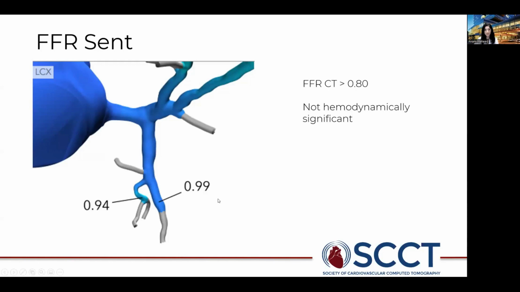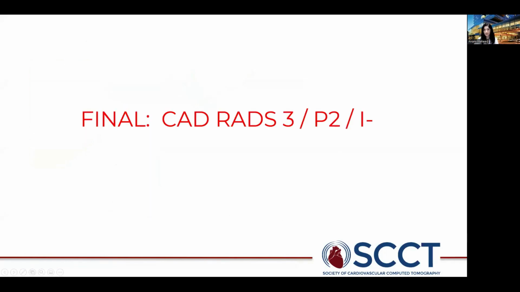So an FFR was sent in this case, and the FFR values were well above the 0.8 cutoff for hemodynamic significance, indicating that this is ischemia negative. And so overall, the final CAD-RADS classification after integrating all the data is CAD-RADS 3P2I negative for this case.